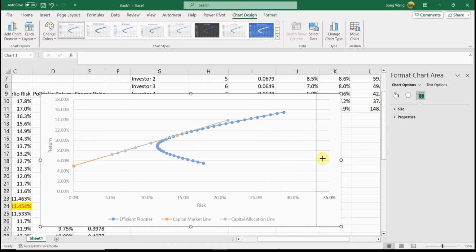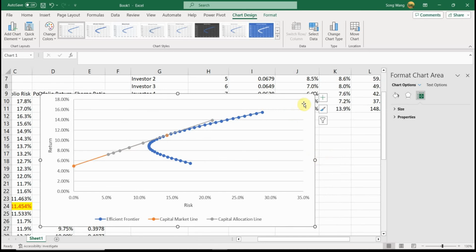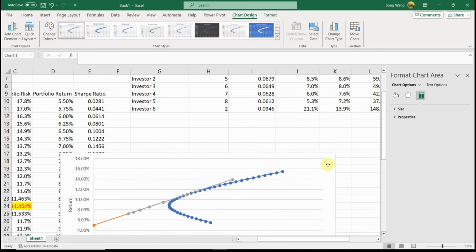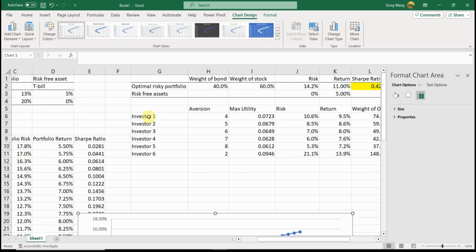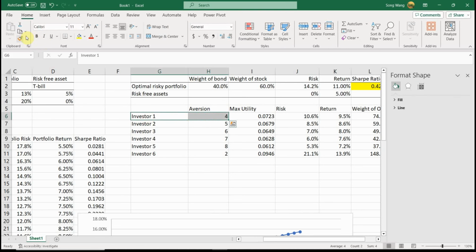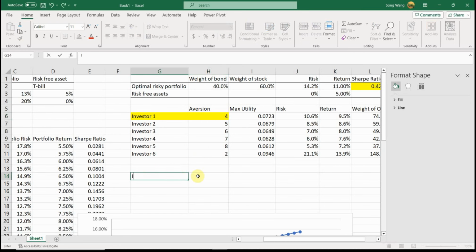Okay, now it's good. All right, and then I want you guys to do another thing for a particular investor, and this investor is called A4, because this person's risk aversion is equal to 4. So let's say investor A equals 4.